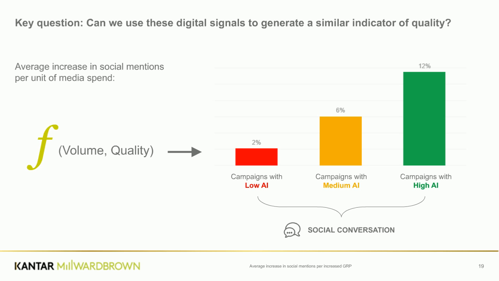And that's really important, because that means that if we're able to monitor the conversation for a brand over time, and we know what level of activity the brand is doing, we're able to generate those same kind of metrics of how well this campaign did at generating conversation, which becomes a proxy for how well we think that campaign has done at building salience for people, and therefore is likely to impact short-term sales.